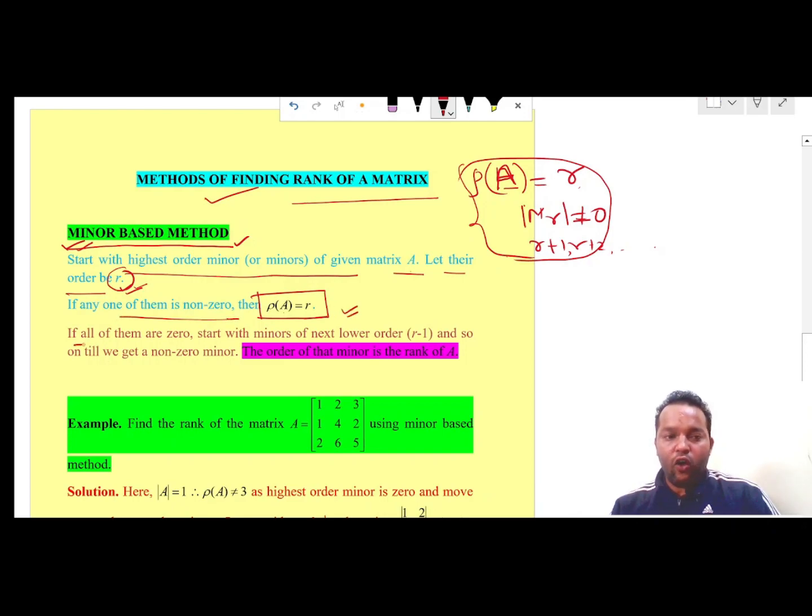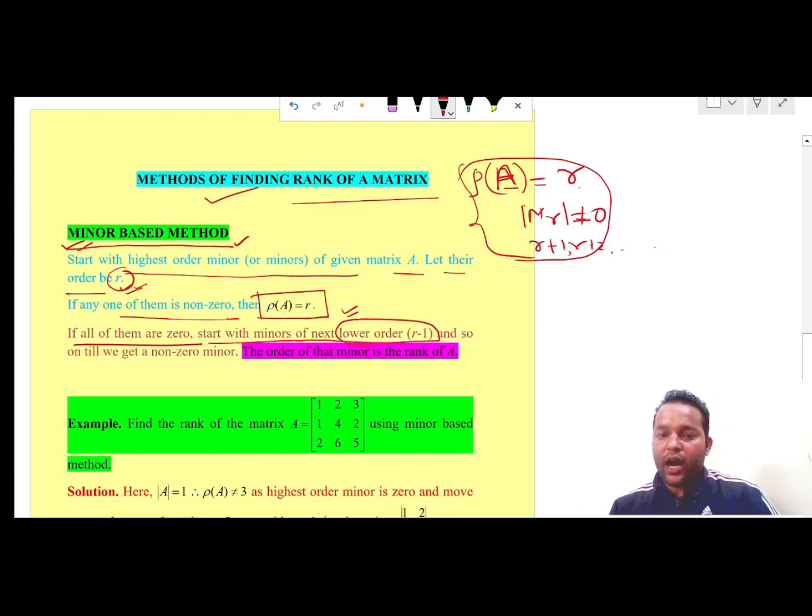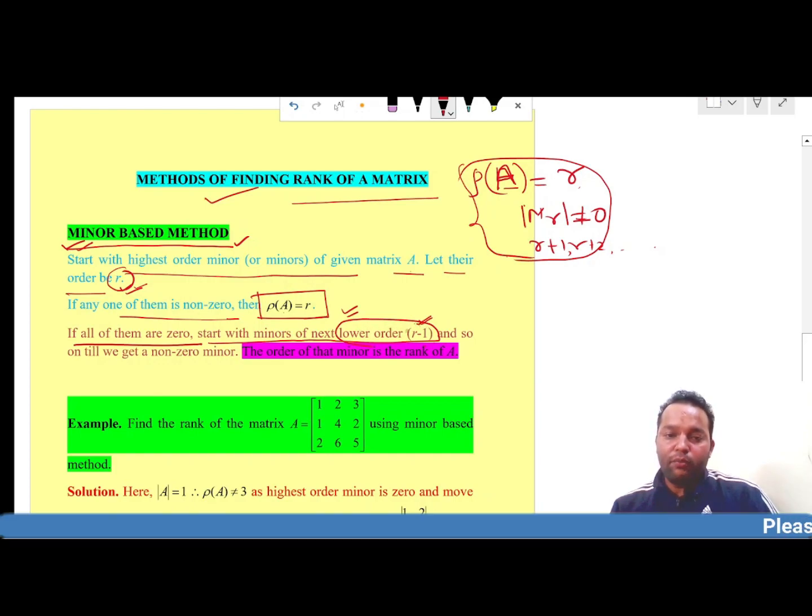And suppose all of them are 0, then we start with minors of the next lower order, that is minors of order r minus 1, and we find the values of all the minors of order r minus 1. If any one of the minors of order r minus 1 is non-zero, the rank of that matrix is r minus 1.